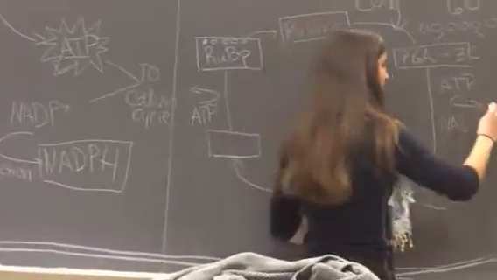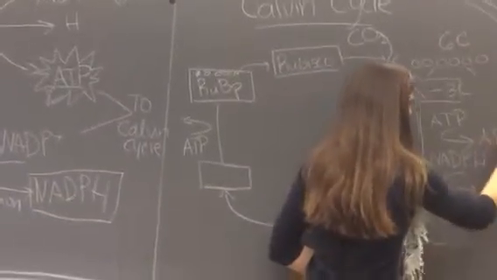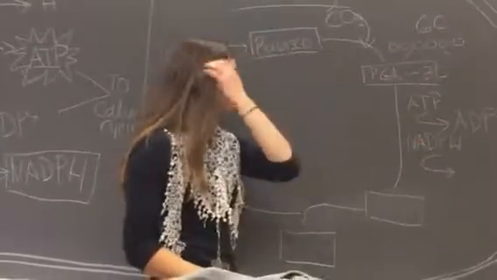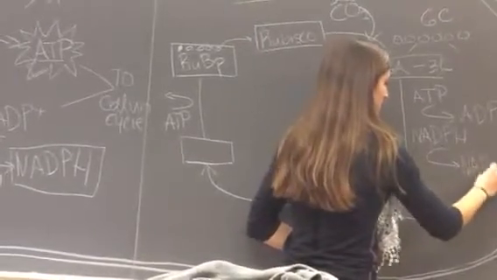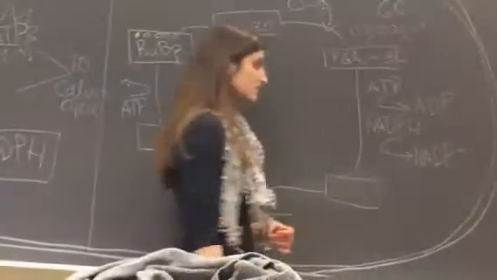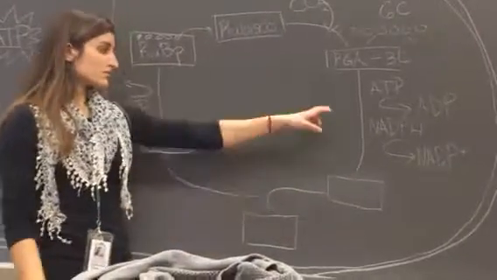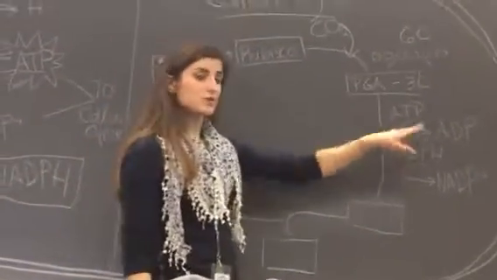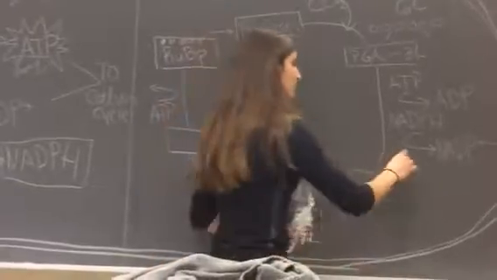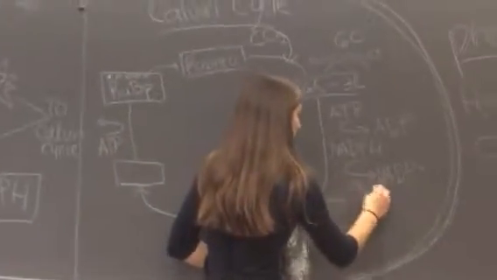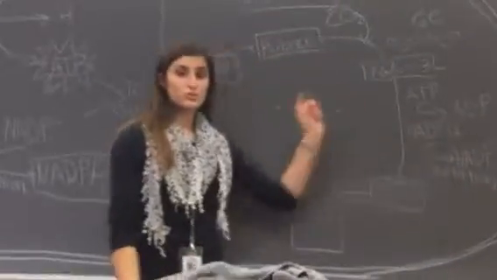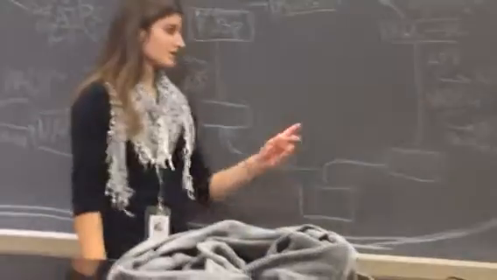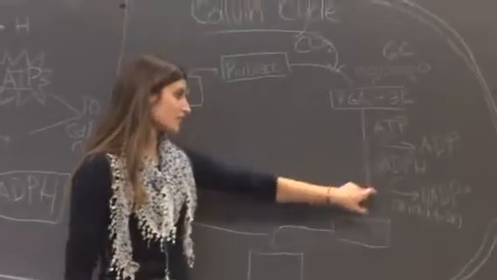So ATP becomes ADP, NADPH becomes NADP+. So this reaction now is going to be called an oxidation. So I'll write that right over here. Oxidation is when we are losing electrons, and that's what just happened right here.